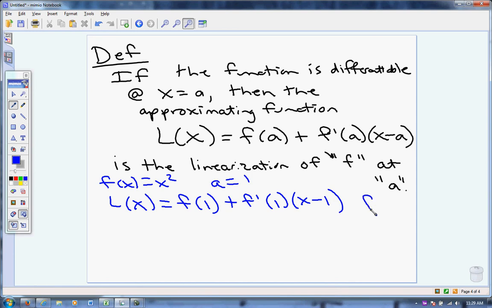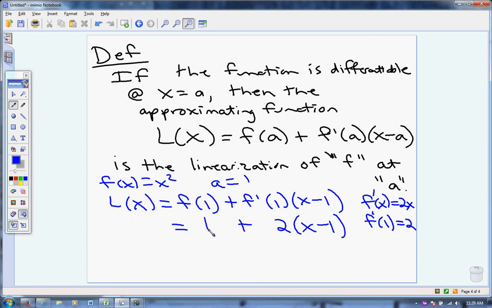Well, f of x is x squared, so f prime of x is 2x. f prime of 1 would be 2. So now I would have a 2 here, an x minus 1 there. What's f of 1 back in the original function? 1.